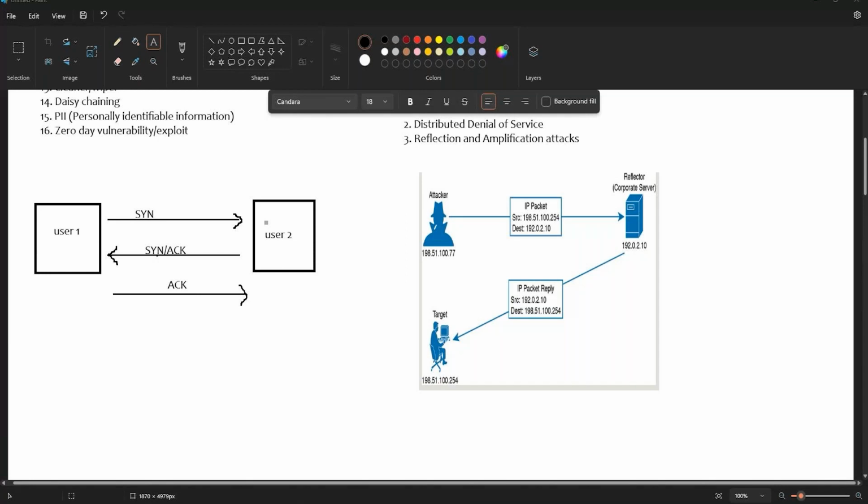Now, the impact of a reflection attack might seem limited because a single target host is the victim, and the amount of traffic being reflected to the target is in proportion to the packets sent by the attacker. So if an attacker is able to send a small amount of traffic to the reflector and leverage a protocol or service to generate a large volume of traffic toward the target, then it is called an amplification attack.